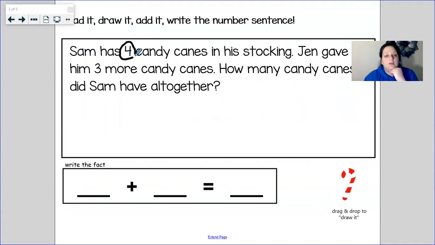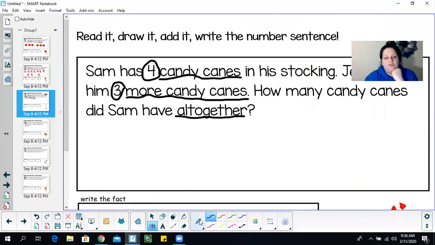So Sam had 4 candy canes in his stocking, and then Jen gave him 3 more. So we're going to circle that number. And remember, when it says more, it means more of what they already had. So 3 more candy canes. How many candy canes did Sam have all together? That's an important word too, because that's how we know that we're adding. All right, so let's go ahead and show the pictures for that.